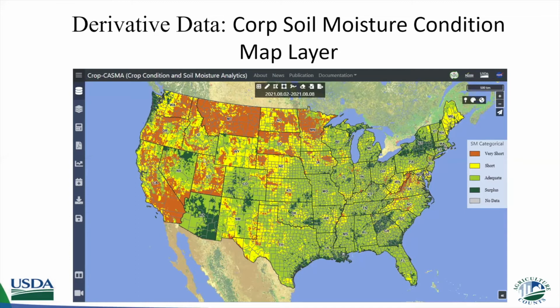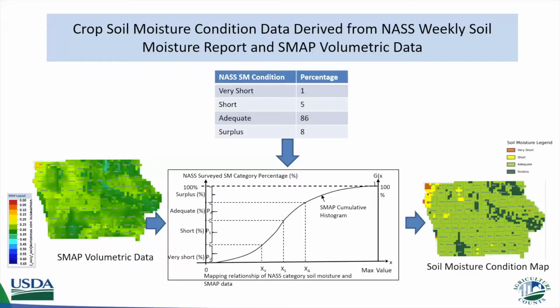From the volumetric data, the information does not really tell us which level is good enough for the crop, or short for the crop. So we definitely need extra information. The extra information is coming from the NASS weekly survey report.